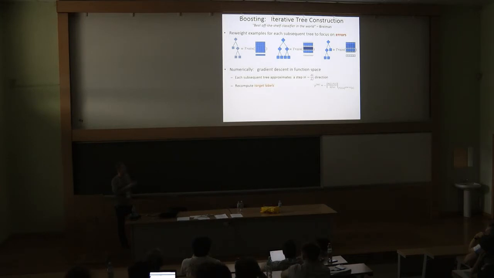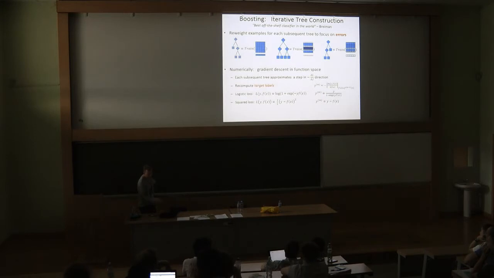So we can alter the distribution by plugging in, instead of the original labels, the point-wise gradients of the loss with respect to the current model. This is numerically very simple, because for standard losses this just corresponds to what's known as a residual in statistics, a very simple function of the true value and the prediction value. Now all we're doing is none of this reweighting stuff. We're just changing the labels for the next tree. The next tree will see a different data set which corresponds to a reweighted one.